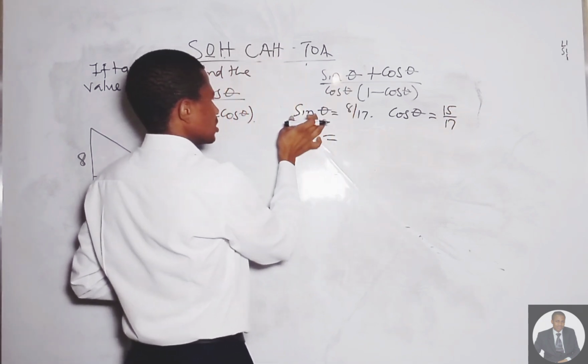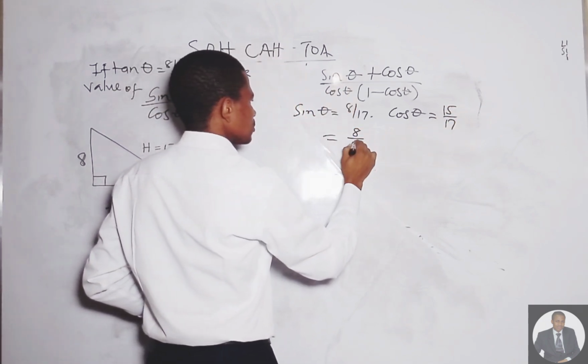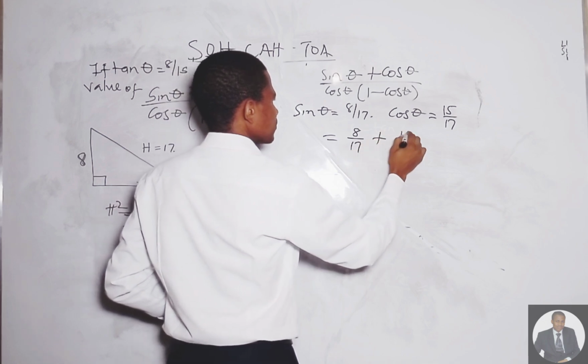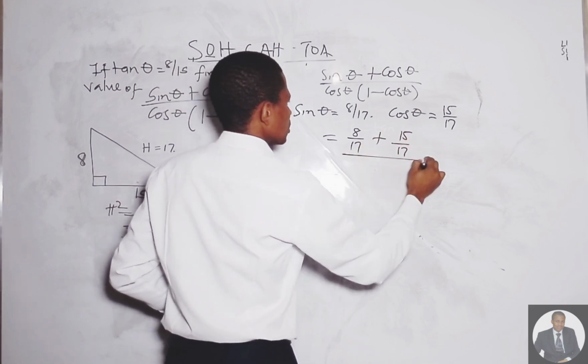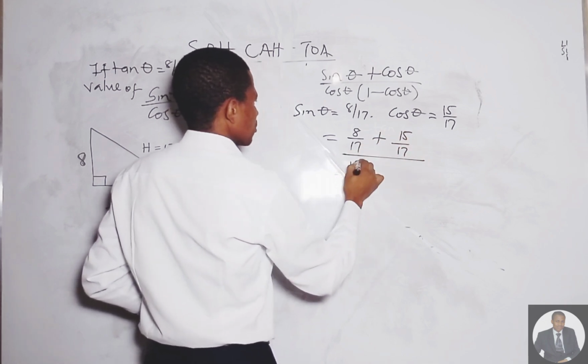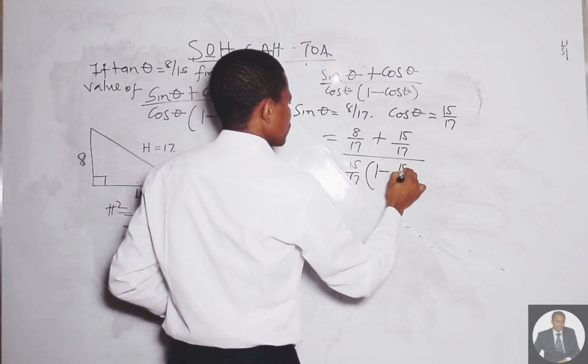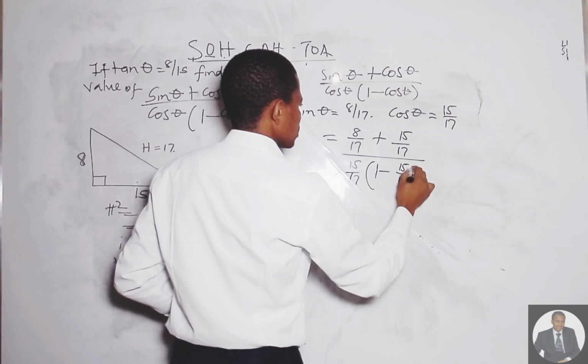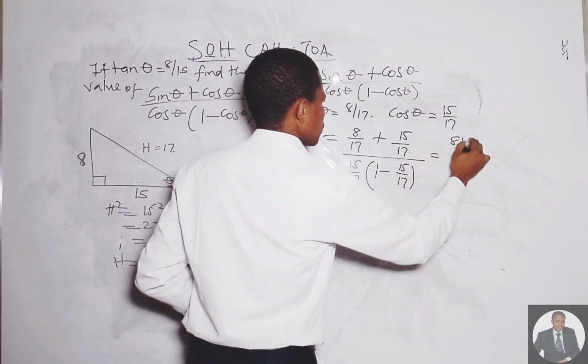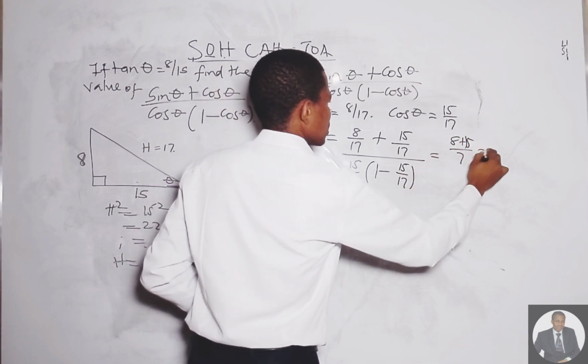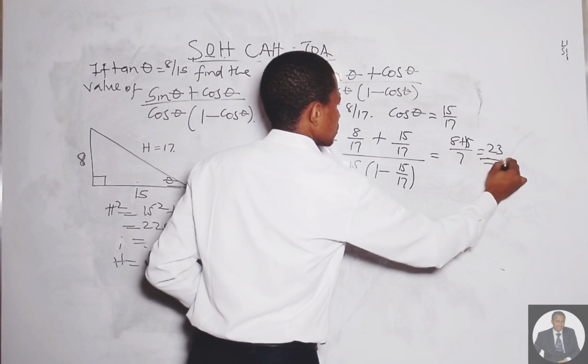So we get back to what? Sin theta is 8 over 17 plus cos theta is 15 over 17, then divided by cos theta 15 over 17 into bracket 1 minus 15 over 17. This will give us 8 plus 15 over 17, that's 23 over 17.